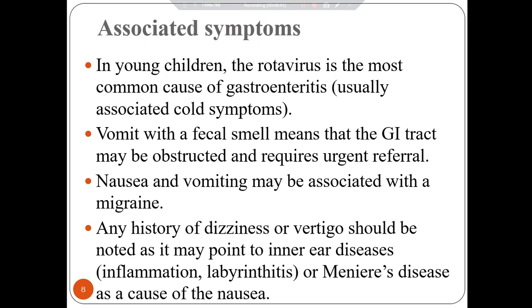Both of these are inner ear diseases that can cause nausea and vomiting. Inner ear disease is associated with dizziness and vertigo because of the effect on the vestibular apparatus, and this may be combined with nausea and vomiting.